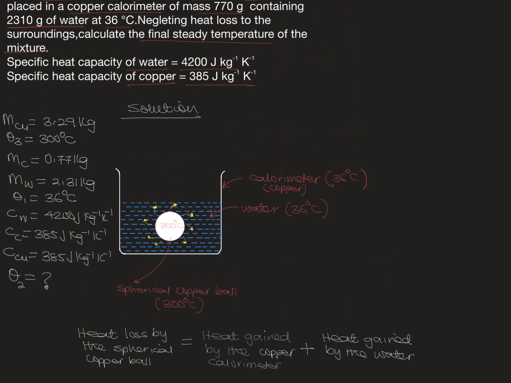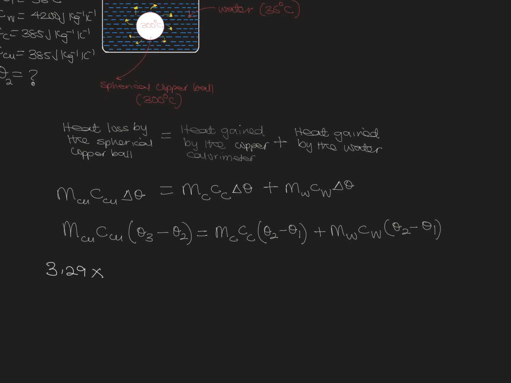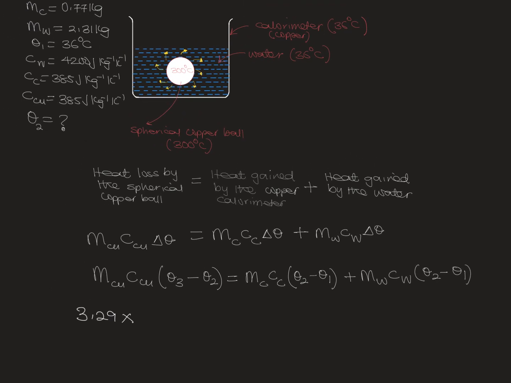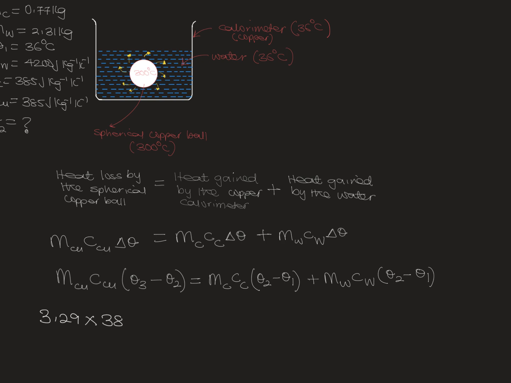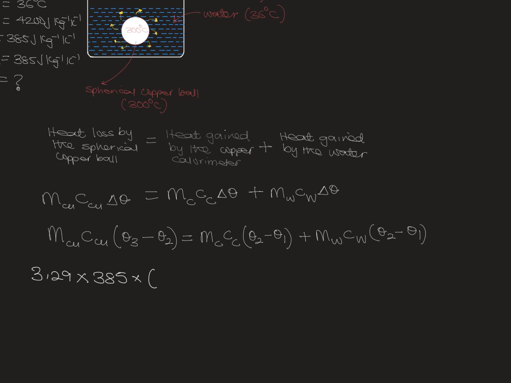The mass of the copper ball is 3.29 kilograms times the specific heat capacity of the spherical copper ball, 385, times the initial temperature theta 3 of the copper ball, 300, minus the final temperature, which is the same as the equilibrium temperature, theta 2.